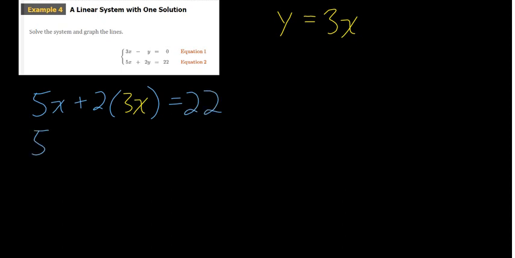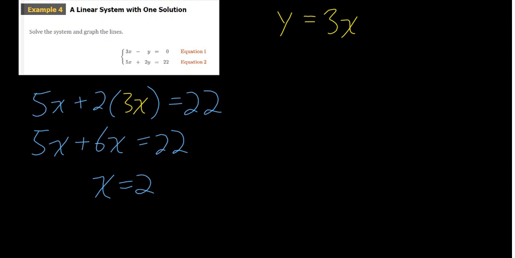So proceeding here, I got 5x, and then plus 6x is equal to 22. So 5x and 6x is 11x, 11x and 22. That's going to be x is equal to 2.